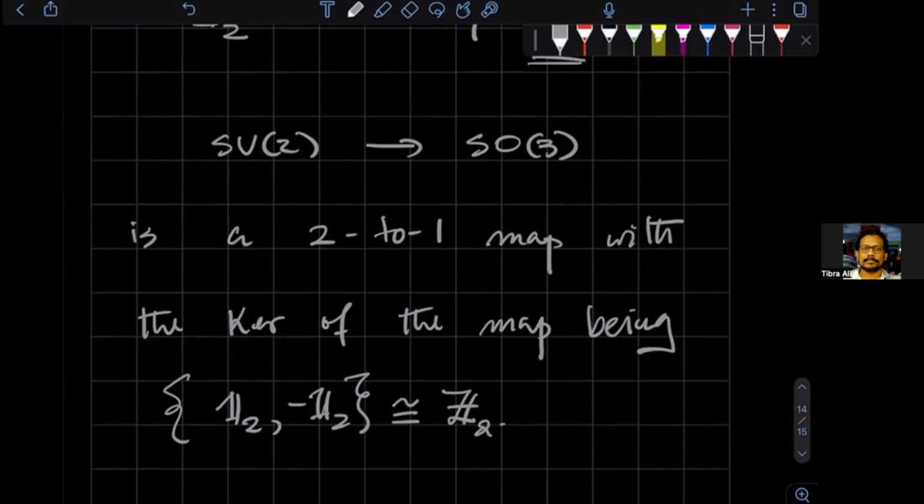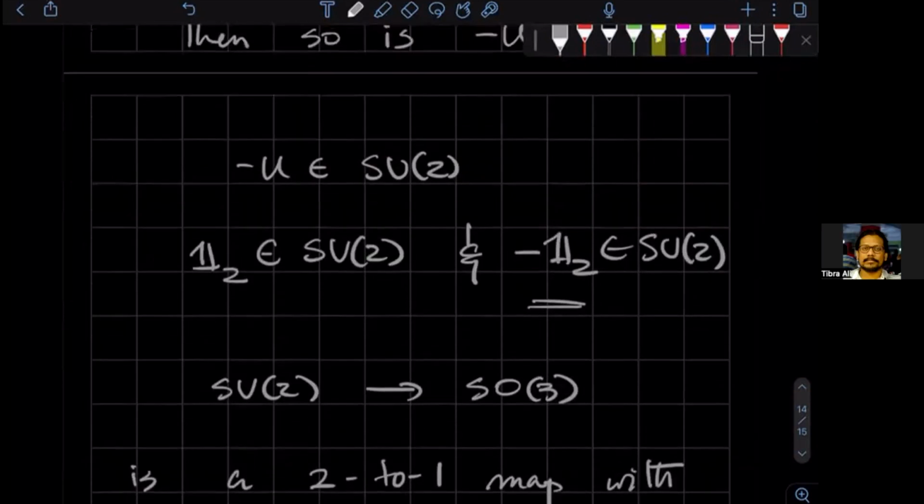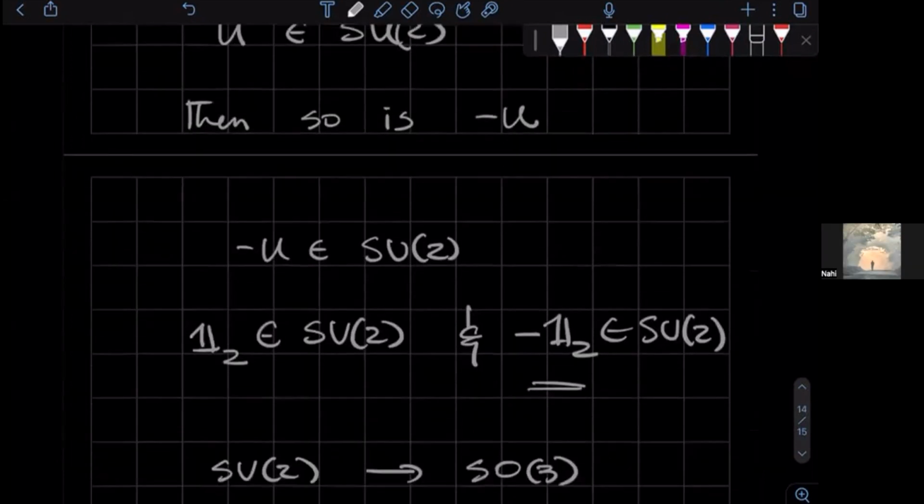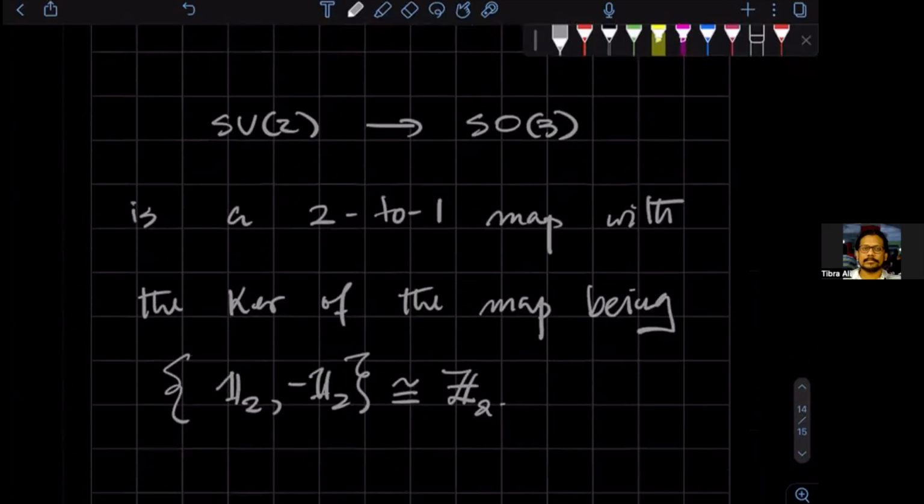Sir, could you please re-explain the 2-to-1-ness of this map? Yeah. If you replace U by minus U, the left-hand side doesn't change. Oh, okay. So it's a 2-to-1 map where the kernel is the group Z2.